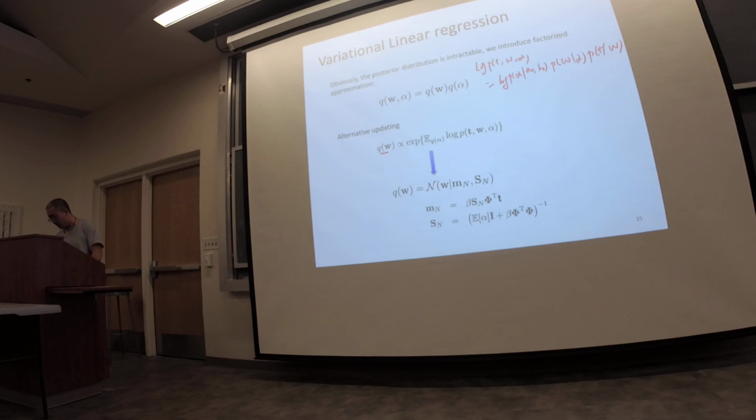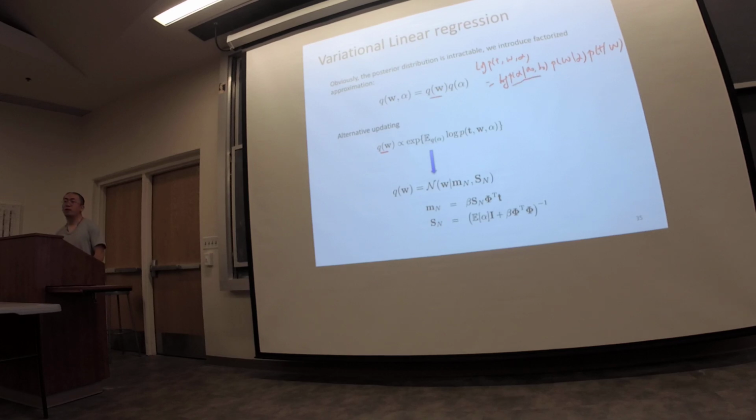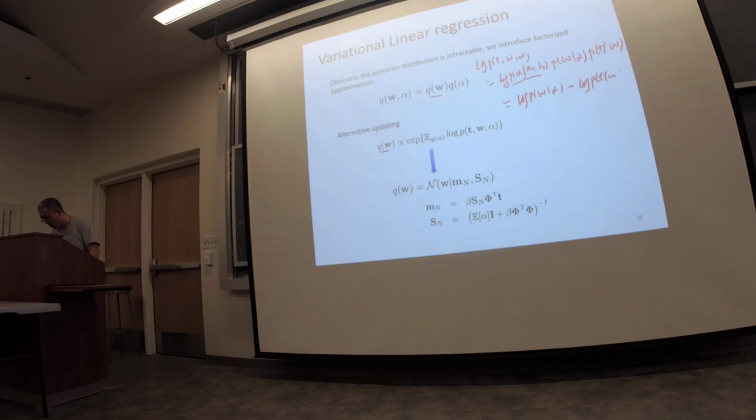Again, we first take the logarithm of the joint probability. Because right now we want to update Q of W, any term irrelevant to W can be thrown out. So basically, the log prior of alpha can be thrown out because it does not contain W. The only terms you need to look at are the logarithm of P of W given alpha plus the logarithm of P of T given W, the log likelihood.